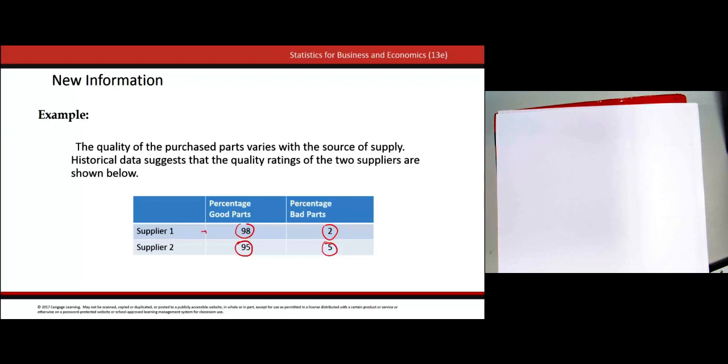If a part comes from supplier 1, the probability that it is good is 0.98, and the probability that it is bad is 0.02. If a part comes from supplier 2, the probability that it is good is 0.95, and the probability that it is bad is 0.05.